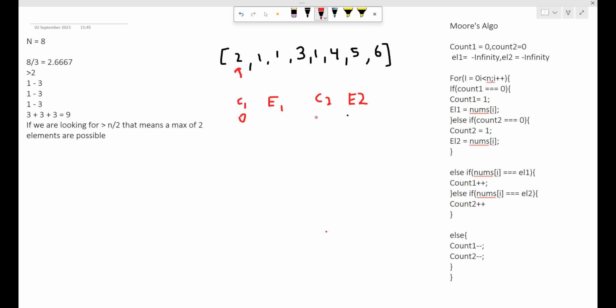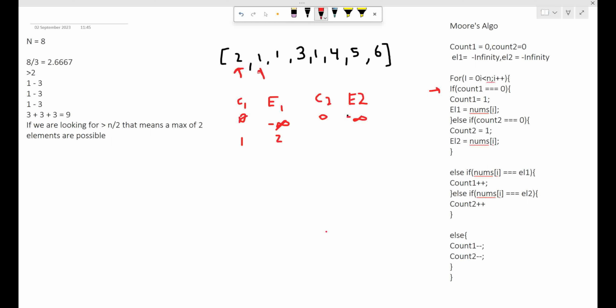This is 0, this is 0, this is minus infinity, and this is also minus infinity, right? First element is 2, so here our first condition is true, that is count 1 is 0. So what we will do? We will increase the count by 1 and make this E1 as 2, correct?